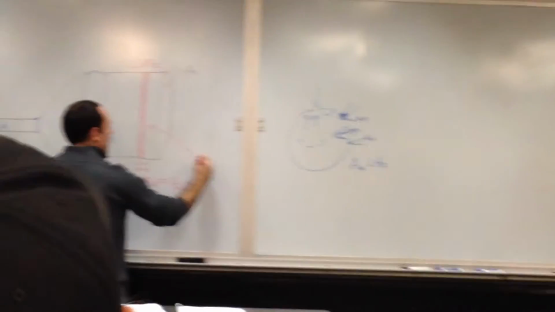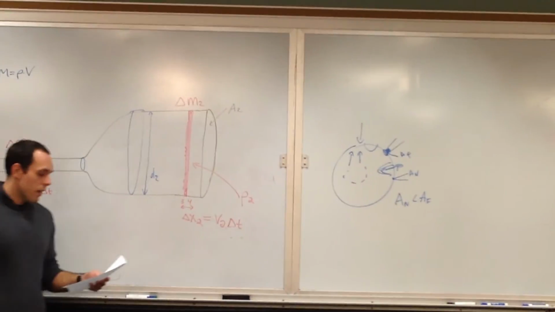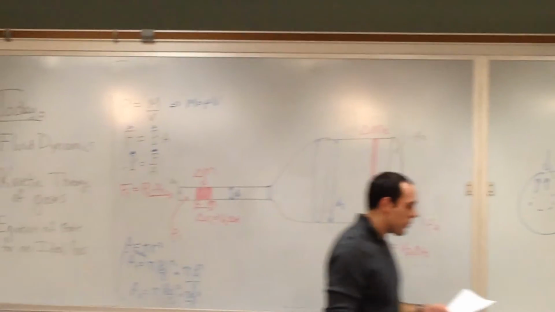And let's also say here that the mass density is just rho 2. So that's all we're saying right now.